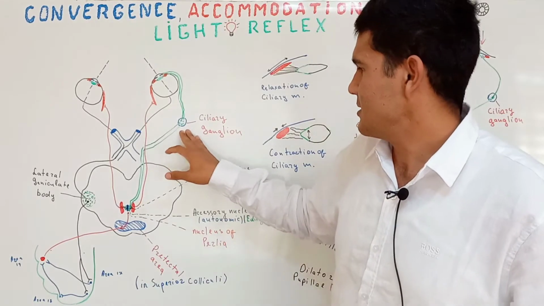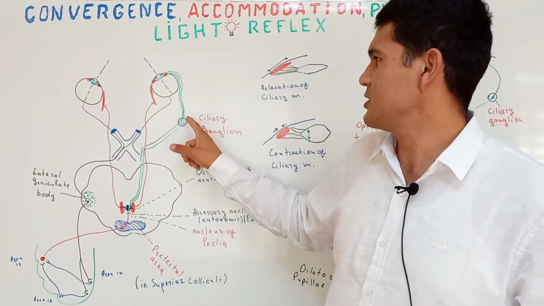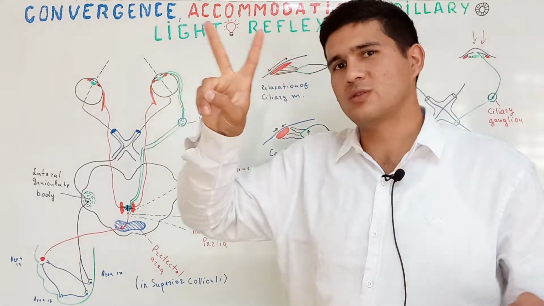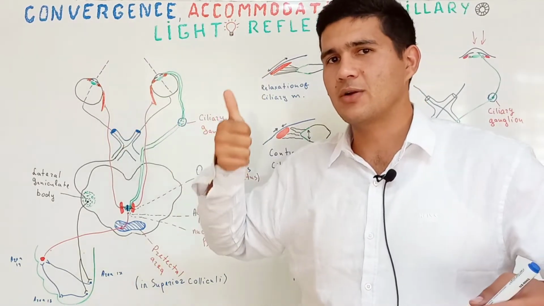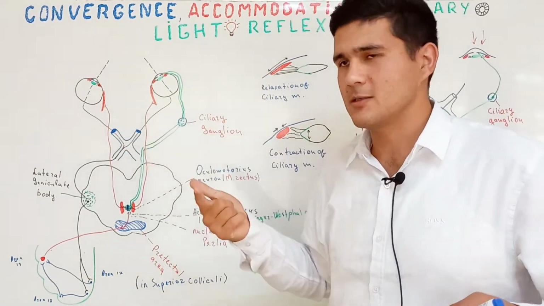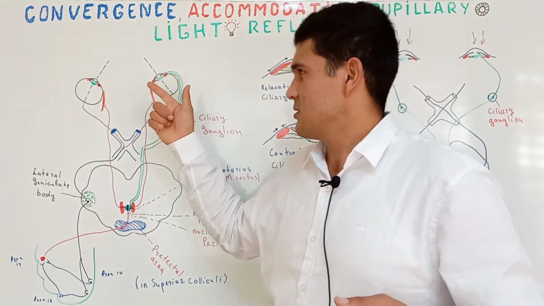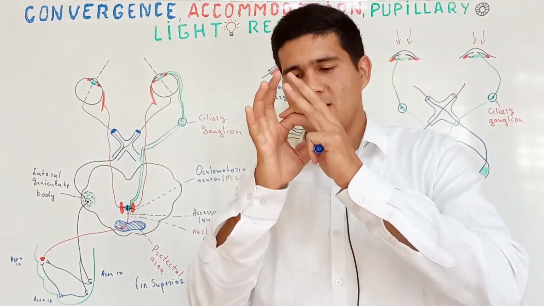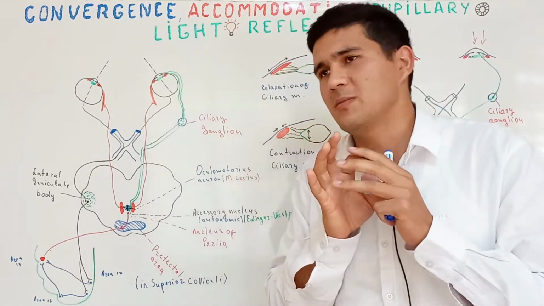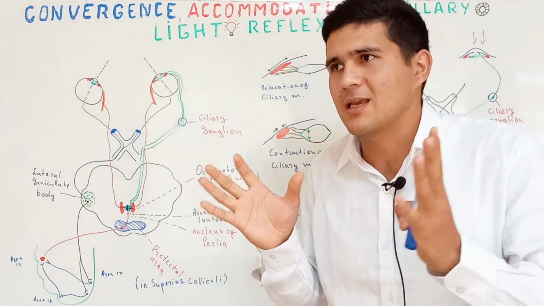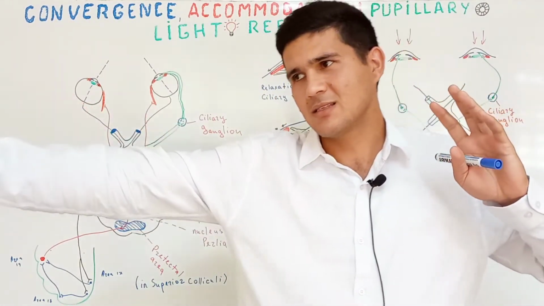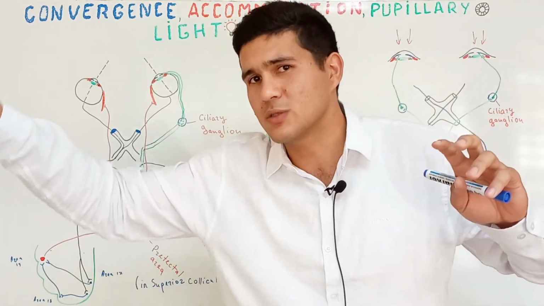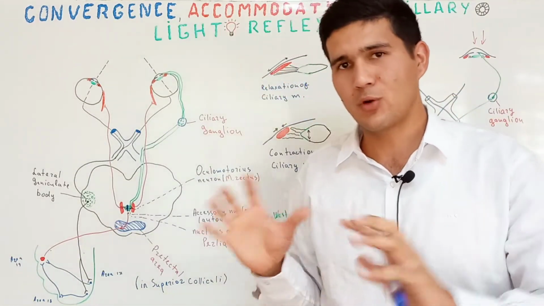After reaching there, the parasympathetic fibers are directed to two things. The first one is the iris, the second one is the ciliary muscles. One of the main functions of the iris at that moment is decreasing the size of the pupil. One of the main reasons for that is directing the shape of the object or person to the retina properly.